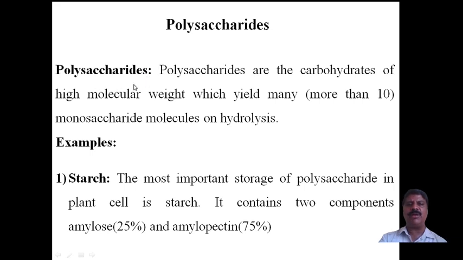Now, what is meant by polysaccharides? Polysaccharides are the carbohydrates of high molecular weight which yield many or more than 10 monosaccharide molecules on hydrolysis. Or we can also define them as those carbohydrates which, when they dissolve in water, produce more than 10 monosaccharide units.